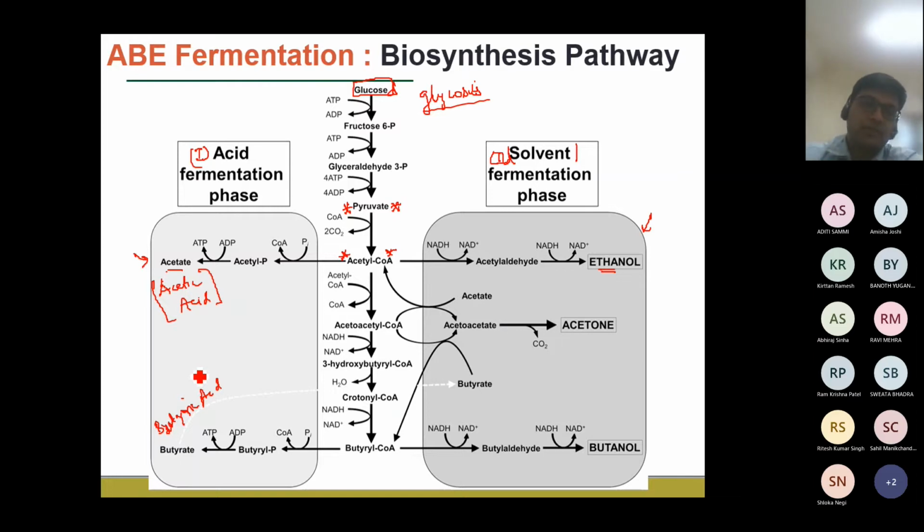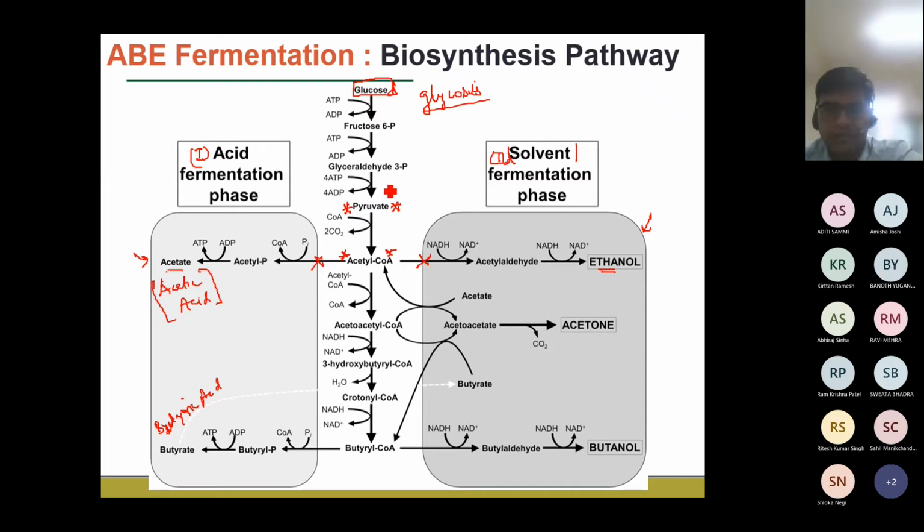If you want to produce acetic acid, then you have to carry out the acid fermentation phase. And what are the governing parameters and conditions that are required to switch from the acid fermentation phase to the solvent phase, or vice versa?